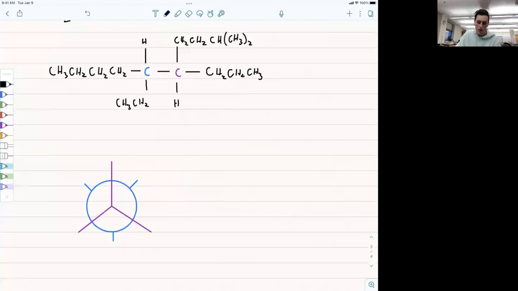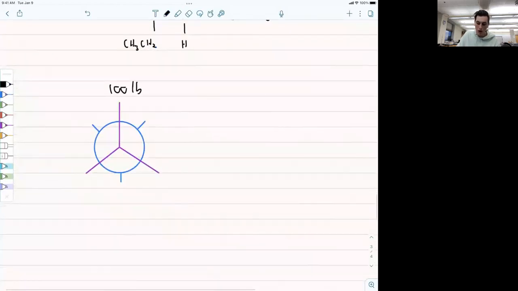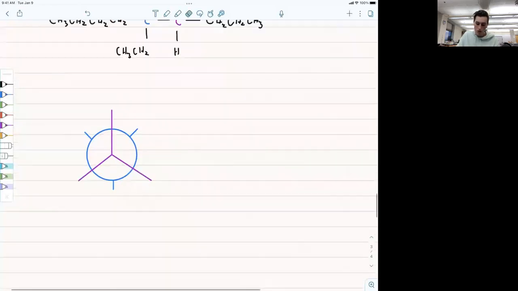If I have 100 pounds on this side, then I want as much weight as I possibly can put on the opposite carbon, anti from it. So maybe I have 125 pounds. I want these to be anti from each other because I want them to be opposite to balance the molecule out.